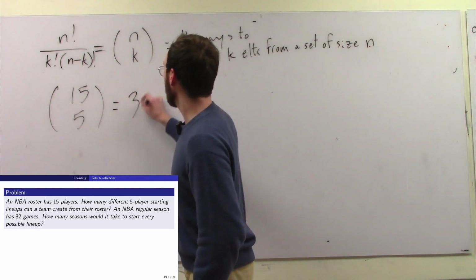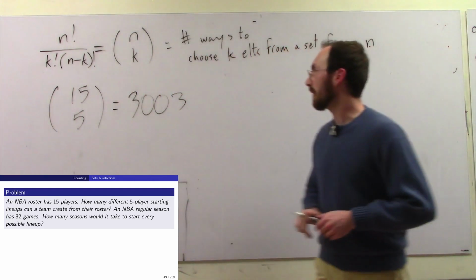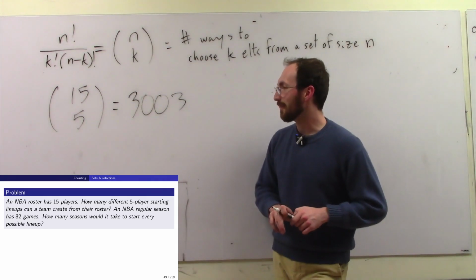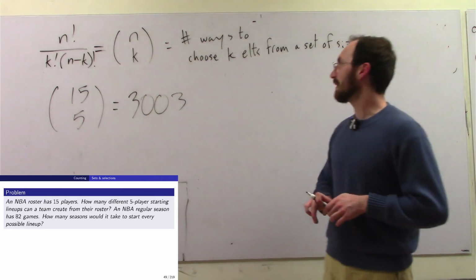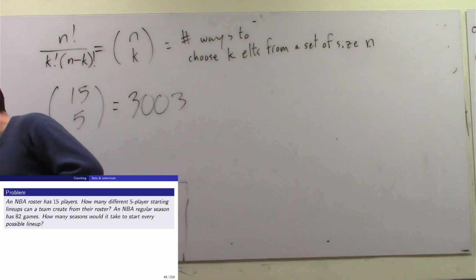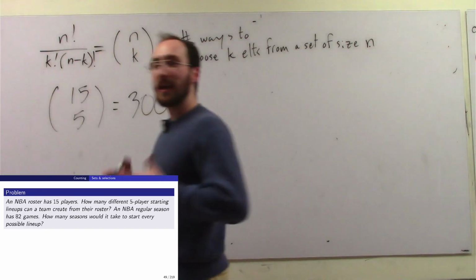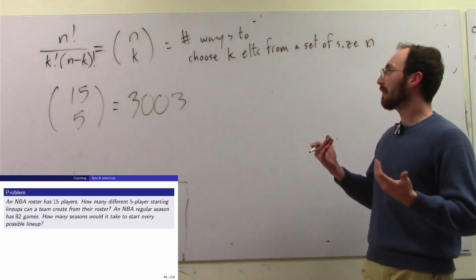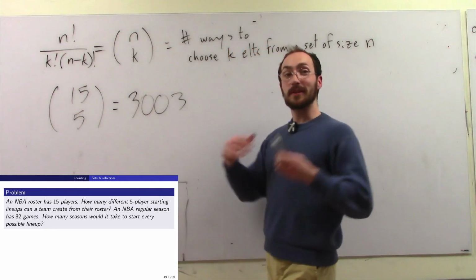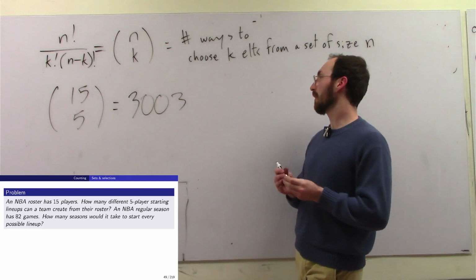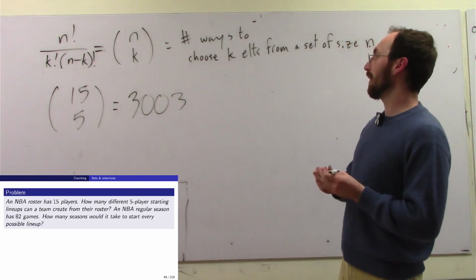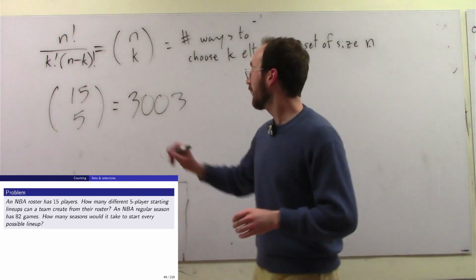It happens to be 3003. That's a lot of starting lineups from a single team. Now, we might ask the following question as well, because an NBA regular season has 82 games. If I want to do every single starting lineup, and I only have 82 games a season, how many seasons do I actually have to go through?